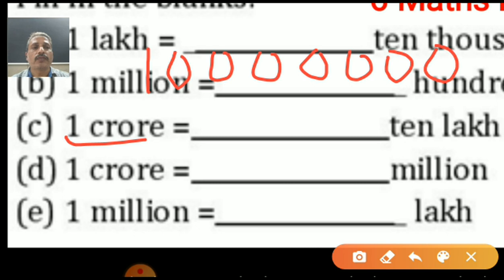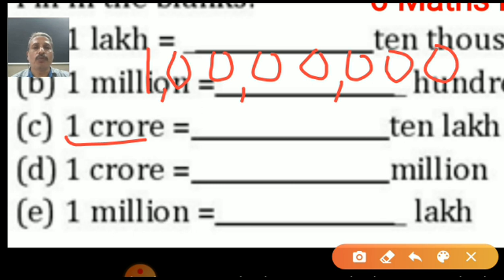Let's count: ones, tens, 100, 1,000, 10,000, lakh, 10 lakh, and crore. If you write this way, then your answer is correct. 1 crore has 7 zeros. Good.